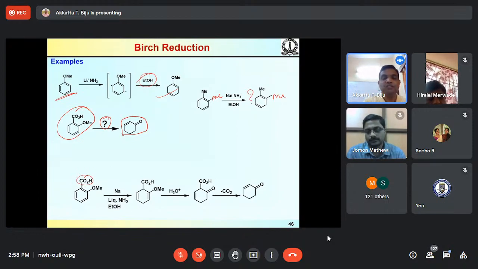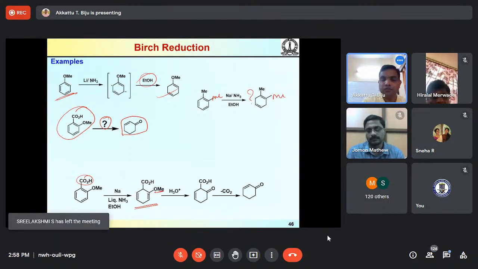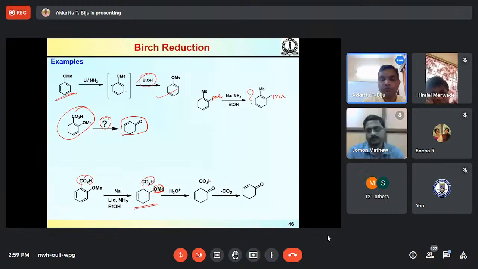If you have both groups, then the product of a Birch reaction will be this 1,4-cyclohexadiene, where for the OMe group the double bond is attached to the carbon bearing the electron releasing group, and for the electron withdrawing group, the double bond is away, not in conjugation.